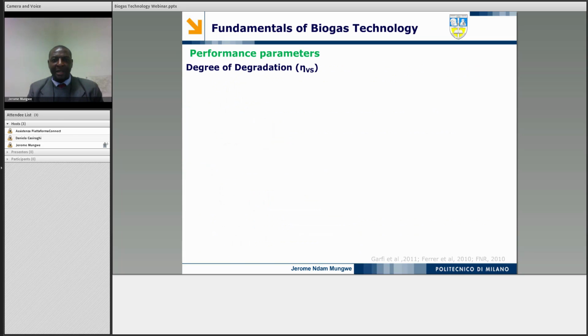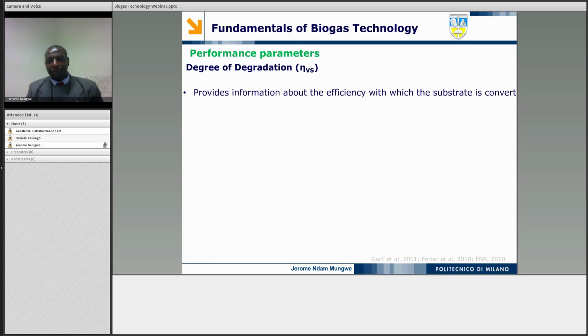Another useful parameter to measure the performance of the process or the digester is the degree of degradation of the organic matter that we feed into the digester, and this provides very useful information about the efficiency of converting the substrate into biogas. It may be determined using several aspects of the organic matter that we put into the digester.